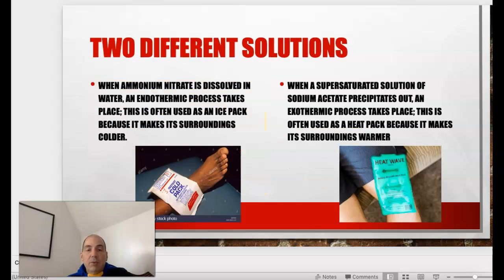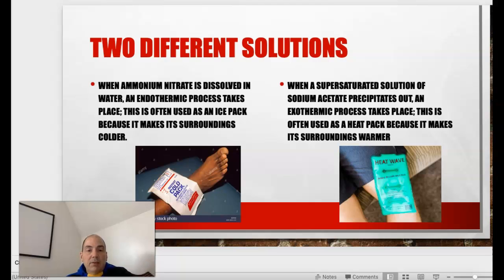For example, here's two different types of solutions that are not too uncommon. One is a cold pack, one's a hot pack, and they're both made by solution process. So you might think, well, wait, if they're both solution, why is one endo, one exo? It's just because of the different changes in energy going on that take place between the two things.